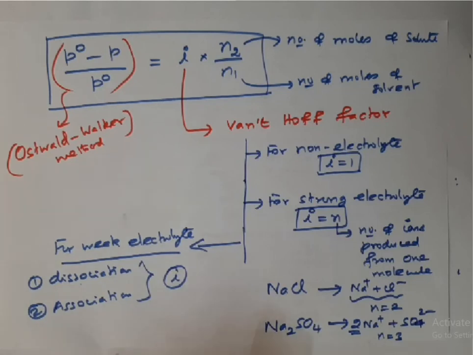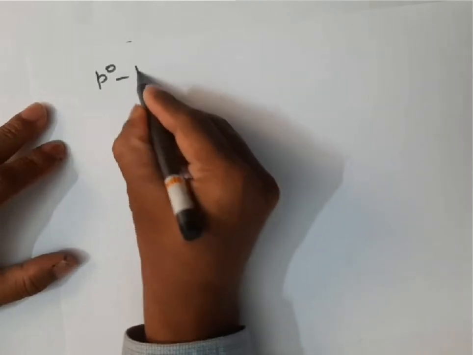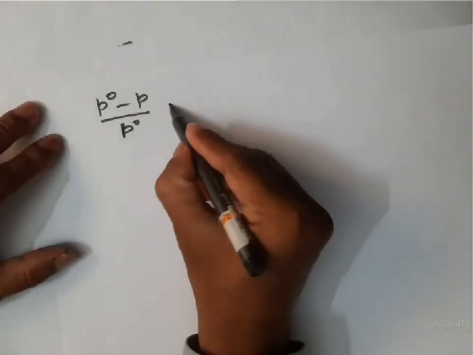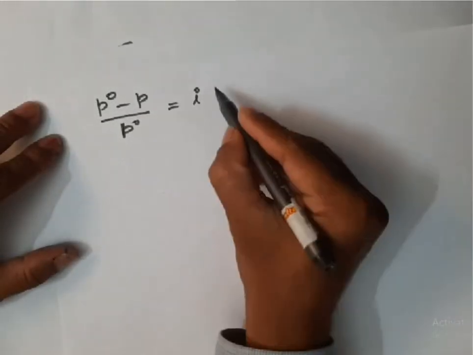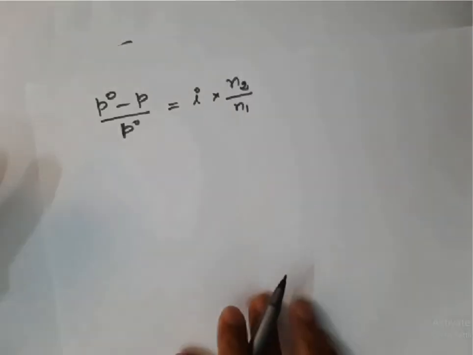Any doubt, students, up to this? Now, let me discuss some more information here. The relative lowering of vapor pressure, P0 minus P by P0, is equal to Van 't Hoff factor i into number of moles of solute by number of moles of solvent.